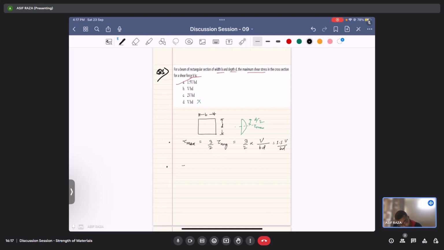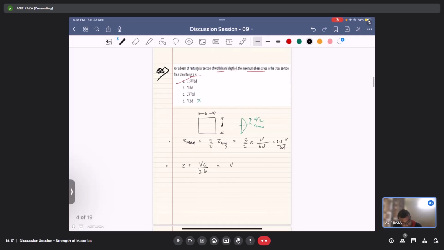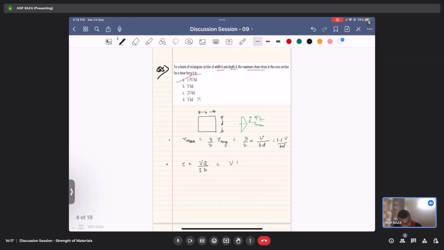And if you remember the way to calculate the shear stress, it's VQ upon Ib, and Q is equal to the area of the above section.